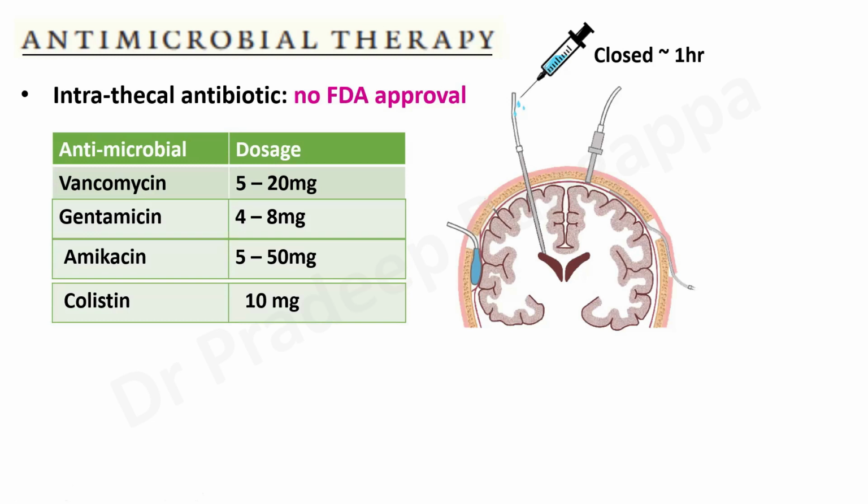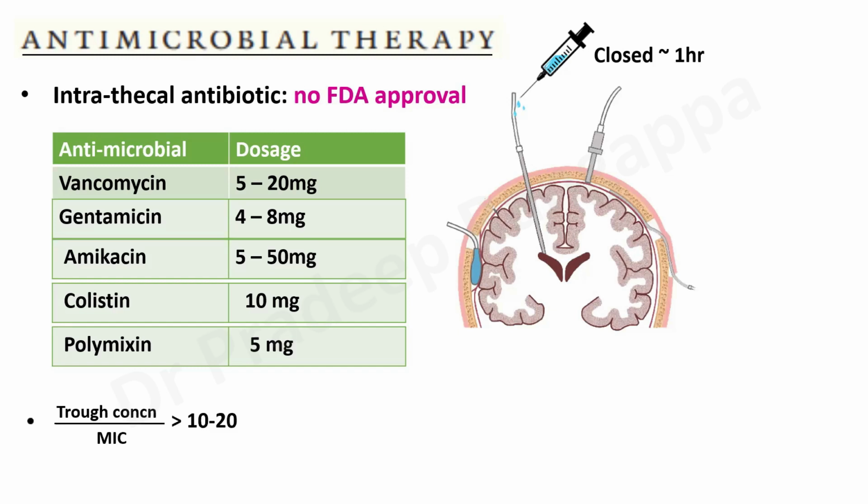So I will show you that. Colistin 10 milligram can be used intrathecally, mainly for our ICU bugs in India, where we typically deal with CRE, carbapenem resistant Enterobacteriaceae. Even polymyxin can be used, at a dose of 5 milligram. So these are the dosages for intrathecal administration of antibiotics.